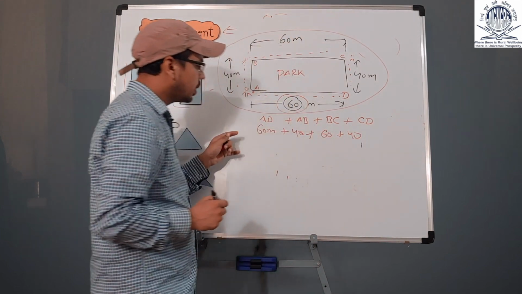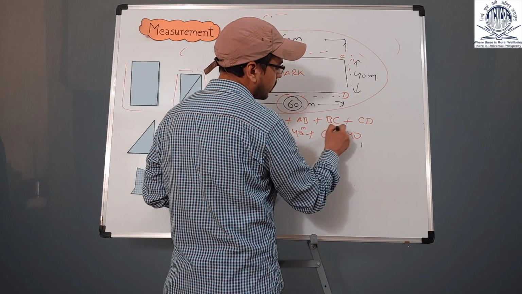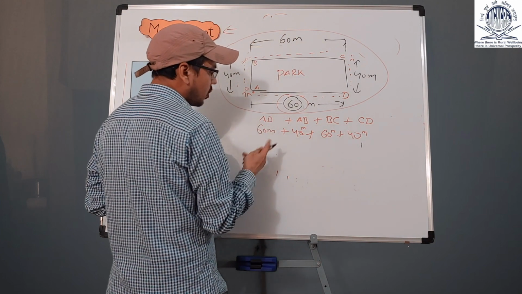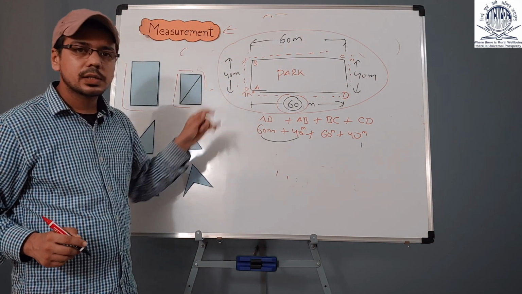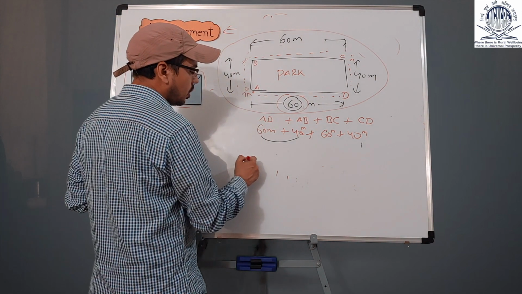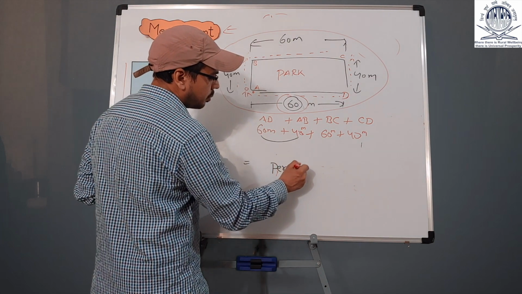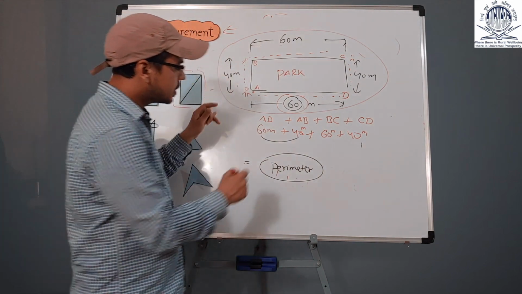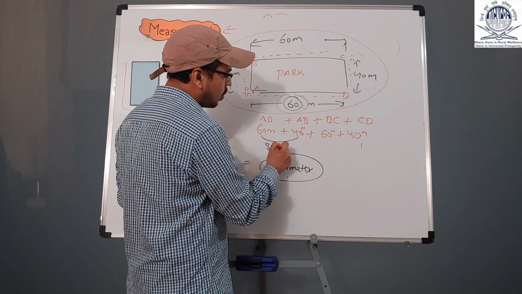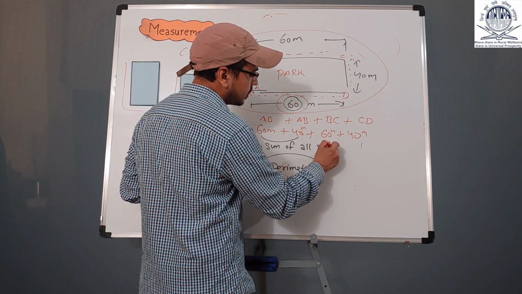Obviously all of them are in meters. When we add all of them and get this sum, we get something called perimeter.